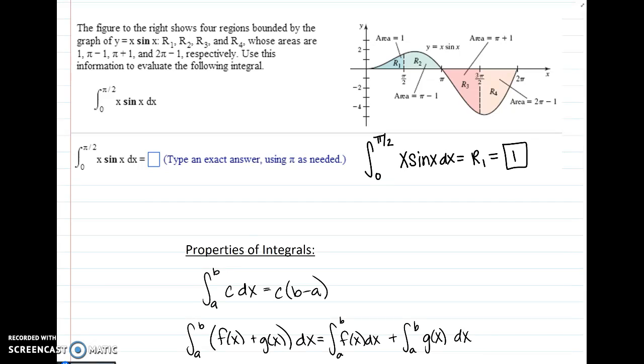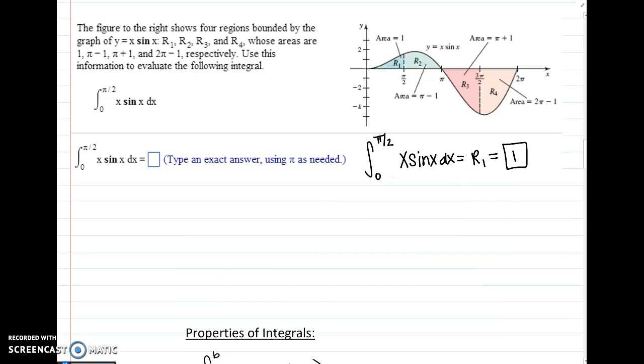Let me do one that's a little bit trickier that they didn't ask, but I'm going to ask. If I wanted to integrate from pi over 2 to 3 pi over 2 this same function, which I can write, we know what it is, don't we? It's x sine of x. Then I would say, well, from pi over 2 to pi, it looks like I have the region R2, which is pi minus 1.